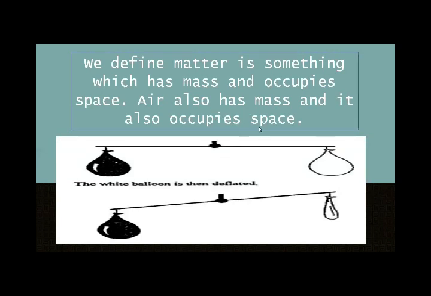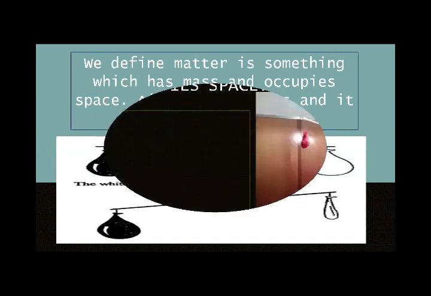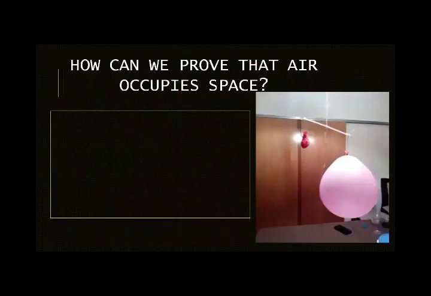How can we prove that air has weight and occupies space? We can conduct an experiment to see that air has weight and occupies space. What is the experiment? Take two balloons. One is inflated and the second is deflated. Hang the two balloons on a string, same as in the picture. We can observe, students, that the inflated balloon needs more space because it has air inside.